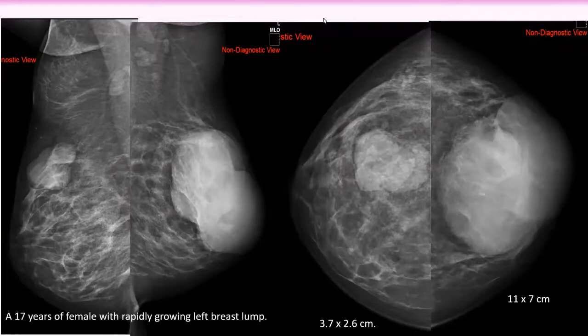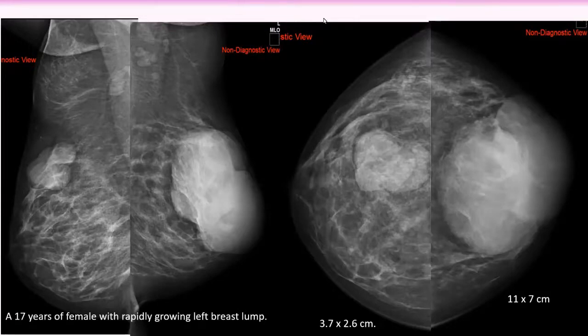This is mediolateral oblique and craniocaudal views of both breasts showing a large, circumscribed, high density, macrolobulated mass at the left breast, occupying almost the upper outer quadrant. Is it outer or central? It's central. Upper central. No associated calcification or skin thickening.